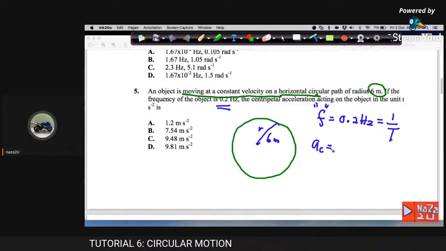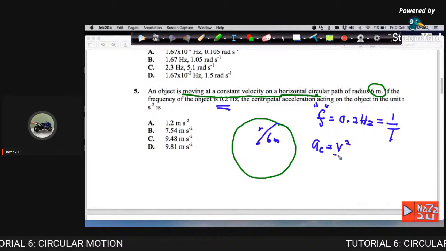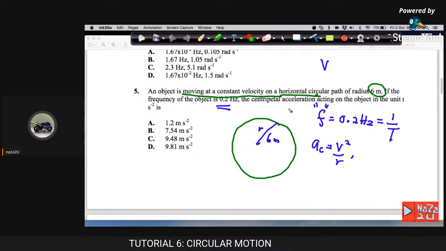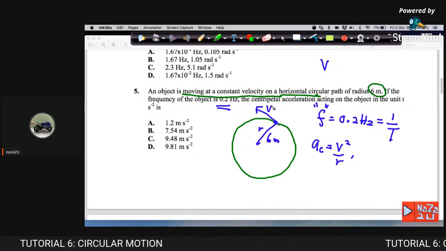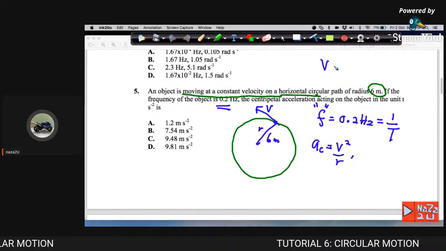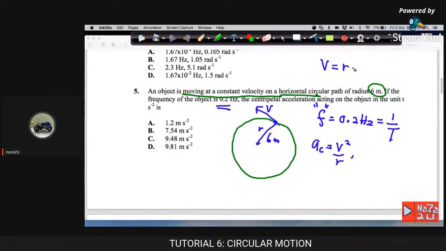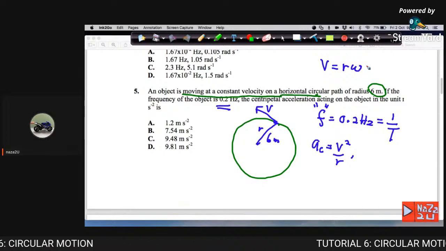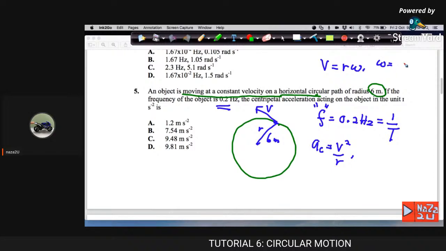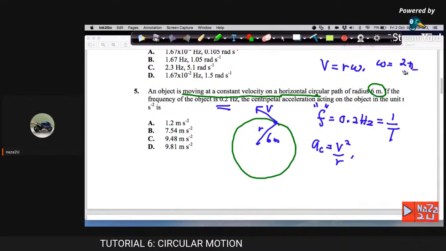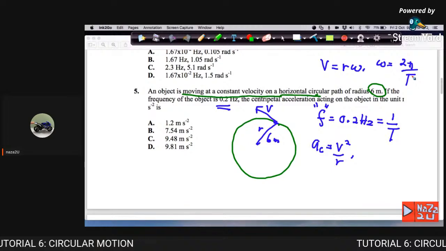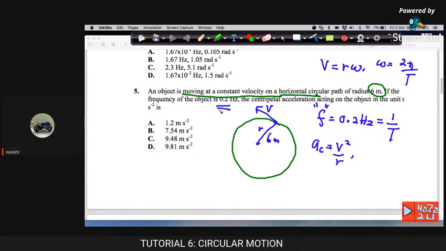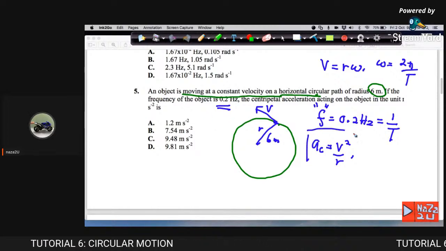As you know, the equation for AC, you can use V square divided by R, or relate V, the tangential speed of the object, to radius times omega, and omega is 2 pi divided by the period T. So there are various formulas you can use, depending on suitability.